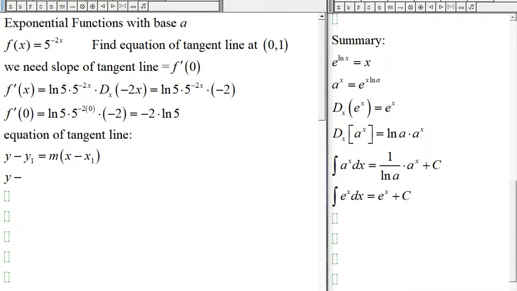So here we get y minus 1, because this is the point that the tangent line passes through, and then the slope is negative 2 ln 5, and then x minus 0. So the final answer will be this, and then plus 1.